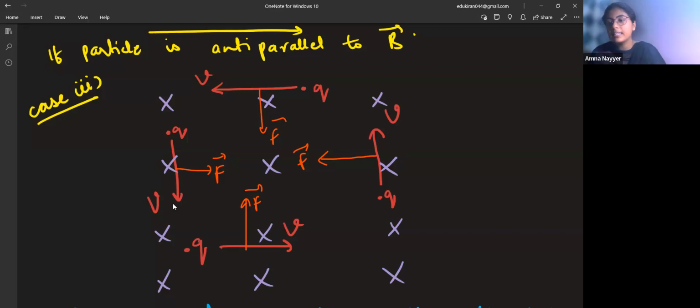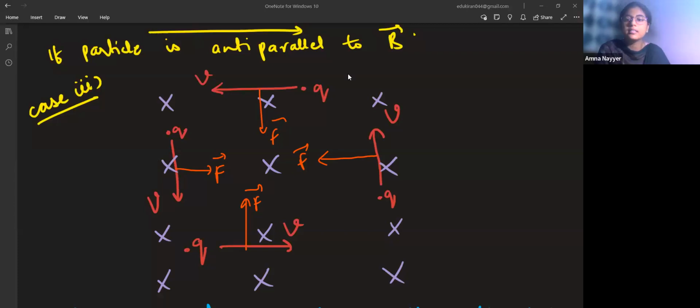Now see, if the velocity is perpendicular to the magnetic field, we could notice that the charge is moving in the form of a circle. If it moves in the form of a circle, force is directed towards the center. One of you had answered yesterday, which force is directed towards the center? Centripetal force.